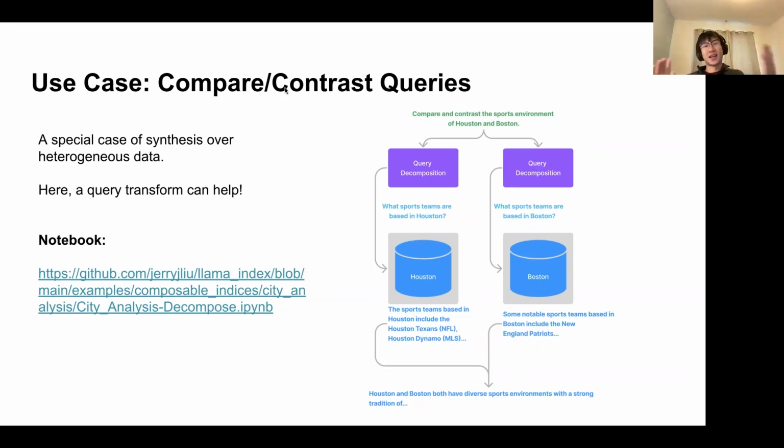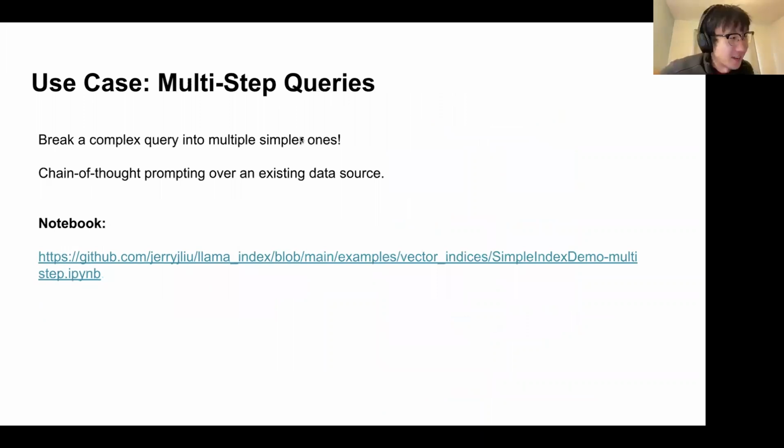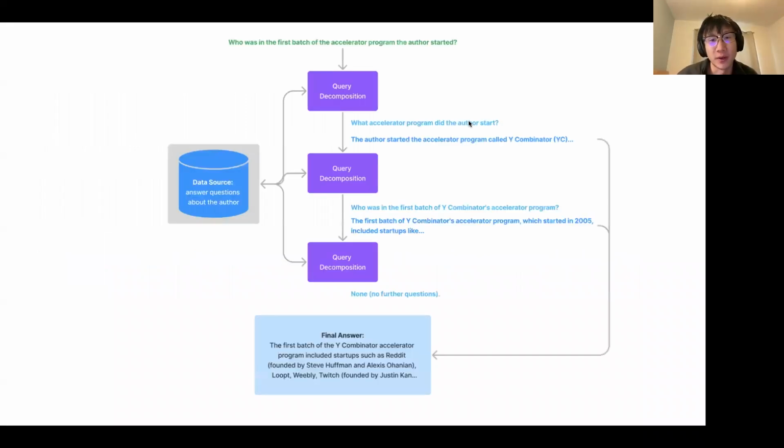Sweet. The last piece of this, if you're interested in playing around with these models, is that these use cases went from pretty simple to more advanced. You can actually do multi-step queries too. So we have this query decomposition module, which will break down a query into one smaller query over a single data source.